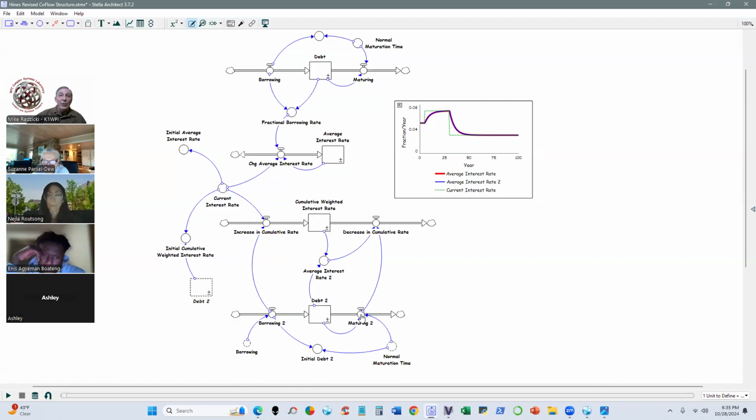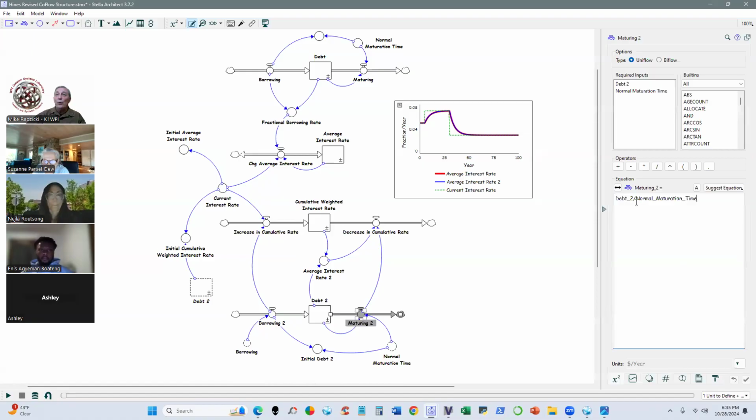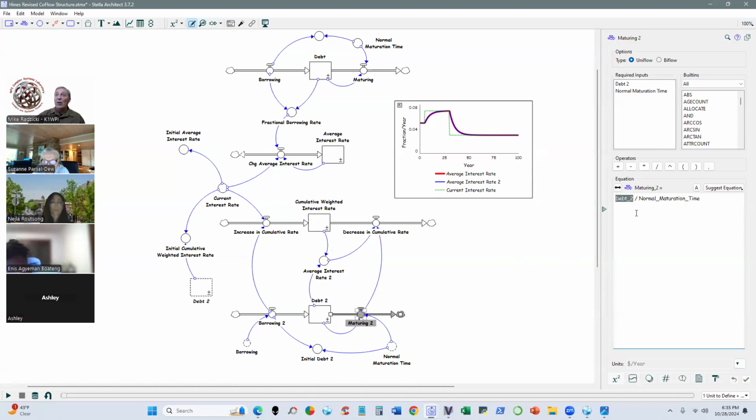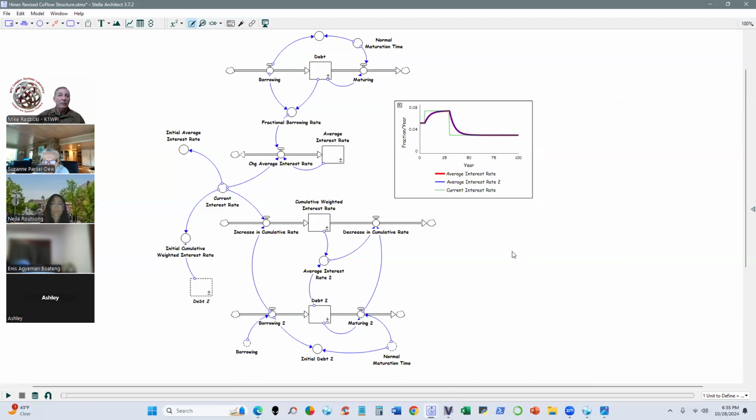And then there's that molecule number 2 from the first course, right? Just stock divided by average lifespan, tau, right? And it's got first order control, right? When debt is zero, this thing is zero.